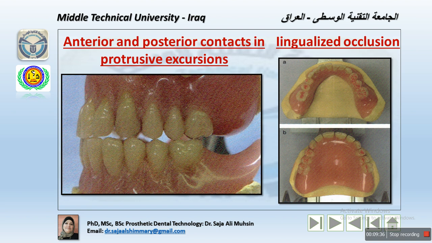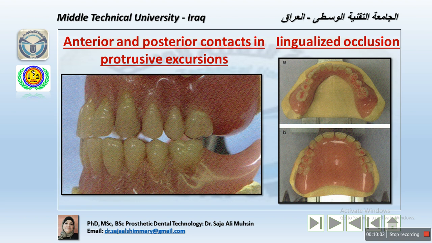So with the lingualized occlusion in the images, the right part represents the lingualized occlusion, the left part represents the natural occlusion, and of course the occlusion with the lower is vice versa, as we notice with A and B.